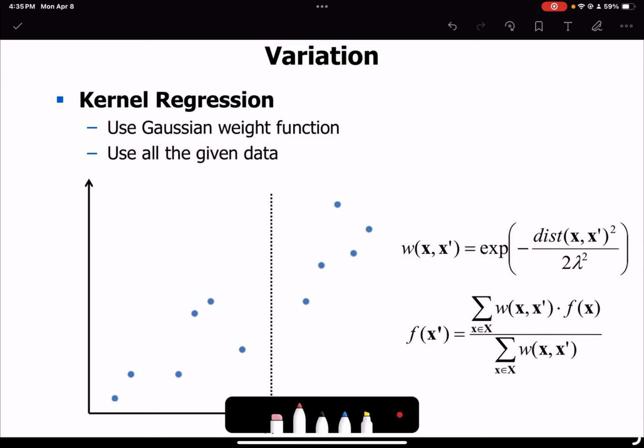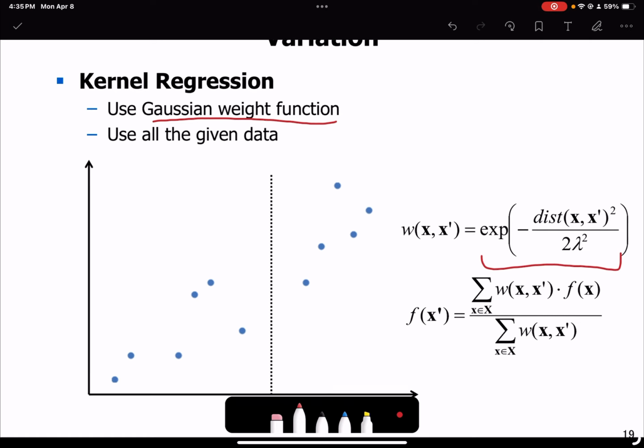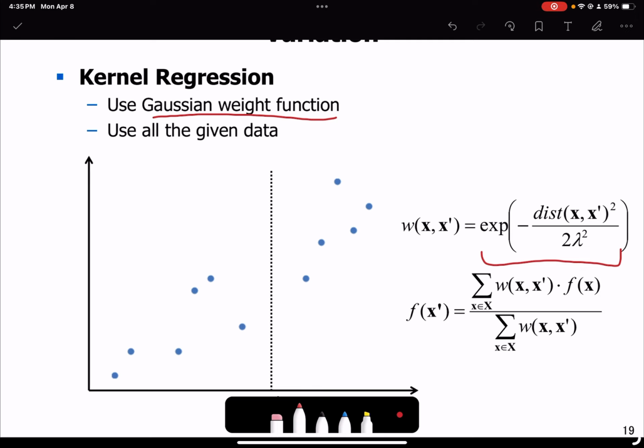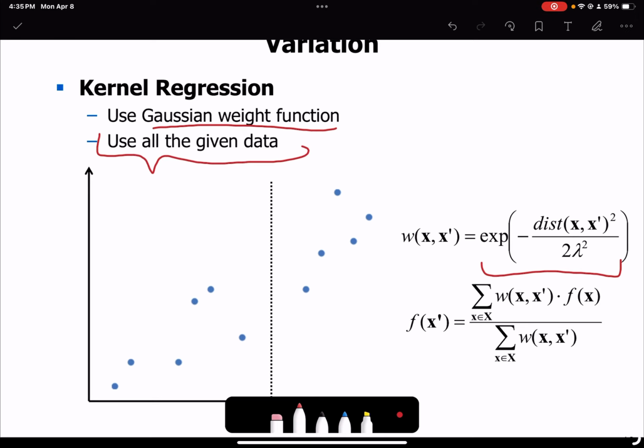Another option is the Gaussian weight function. It depends on all the given data that we have, and we use kernel regression for w.